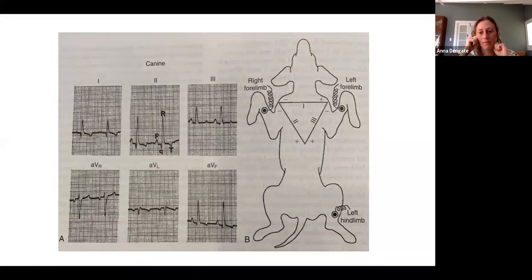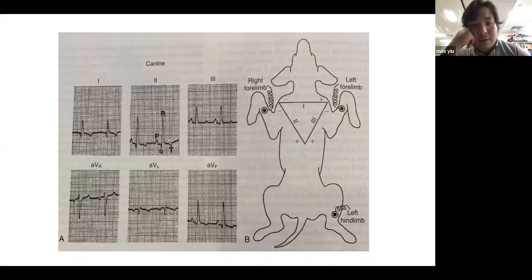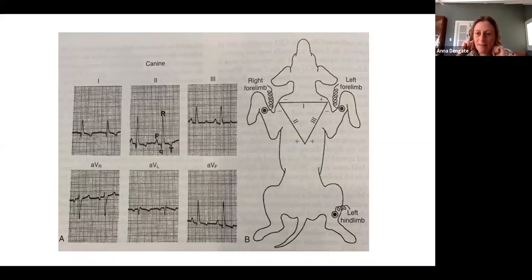I think negative deflection first. If it arises on the left, yep, it goes down first. Left is lower. So if you think about the position of the heart, the left side of the heart is here. You've got an impulse generated there. It's actually going to go up.